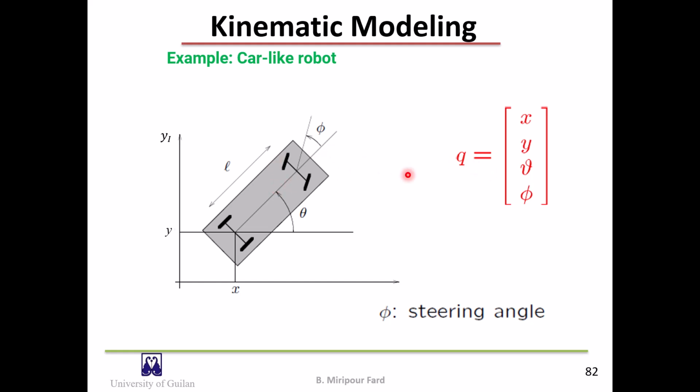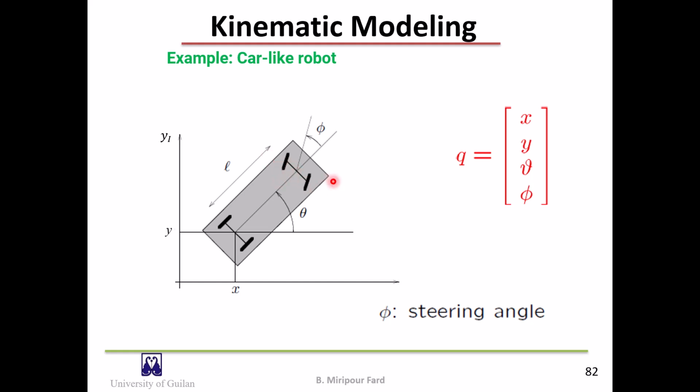To define the configuration of the car, we ignore the rolling angles of the four wheels and write q equals x, y, theta, and phi, where x and y is the location of the midpoint between the rear wheels, theta is the car's heading direction, and phi is the steering angle of the car, defined at a virtual wheel at the midpoint between the front wheels.